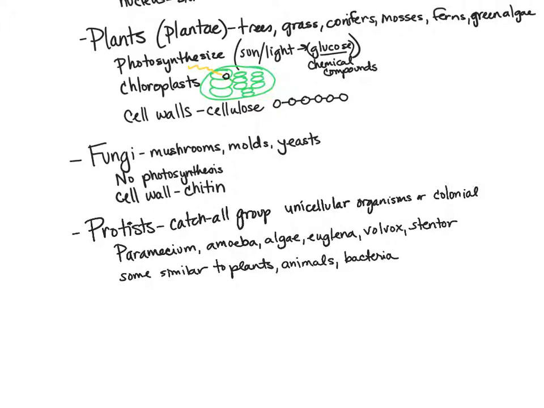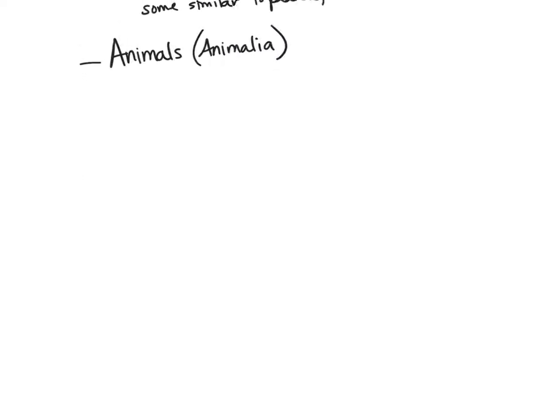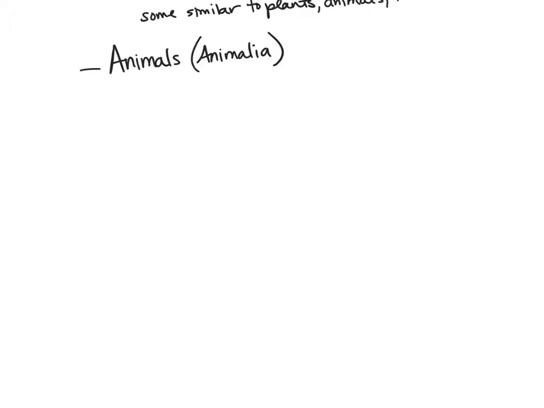So the last group of eukarya that I would like to talk about is animalia, or animals. That's what we're going to spend most of our time talking about this semester, animals, and then briefly plants as well throughout the semester. The kingdom animalia can include, of course, animals like humans and other mammals like tigers, bears, and other big things.